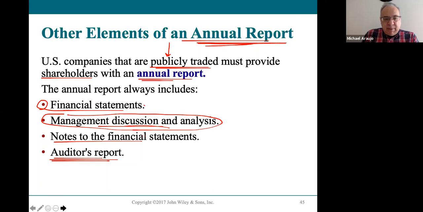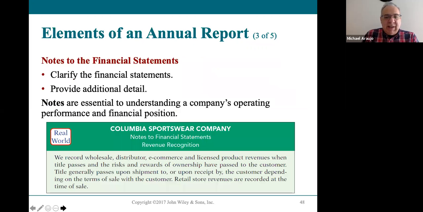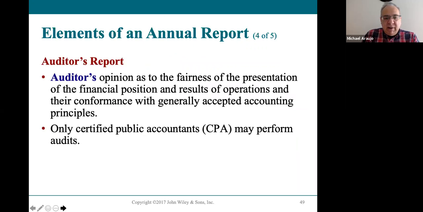So that's how this particular chapter ends. Again, these are just the parts of the annual report that are outlined in the book. Yes, they are important in general, but your heavy work here is going to be the financial statements. Okay. And by the way, auditors are CPAs.